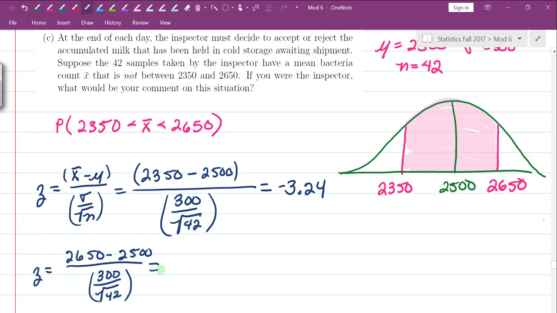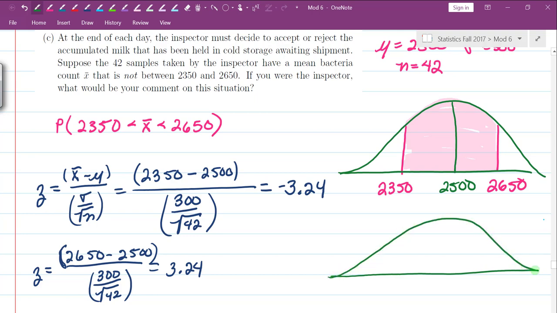So we have 2,650 minus 2,500 divided by 300 divided by the square root of 42, and I end up with a positive 3.24. Let's go ahead and draw our standard curve. That is a mirror image of the curve with our data. And it's going to look like this.